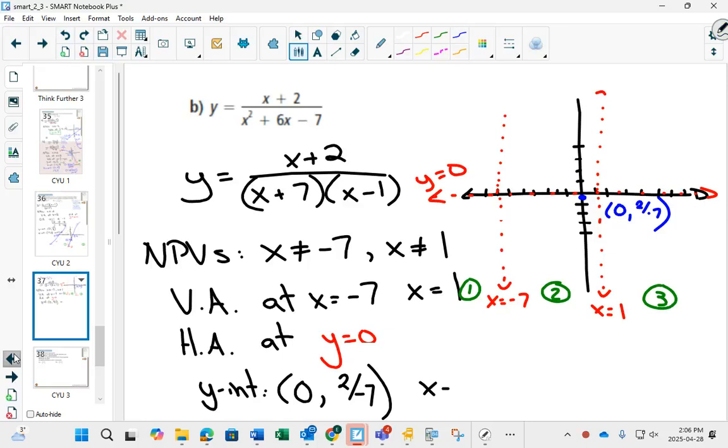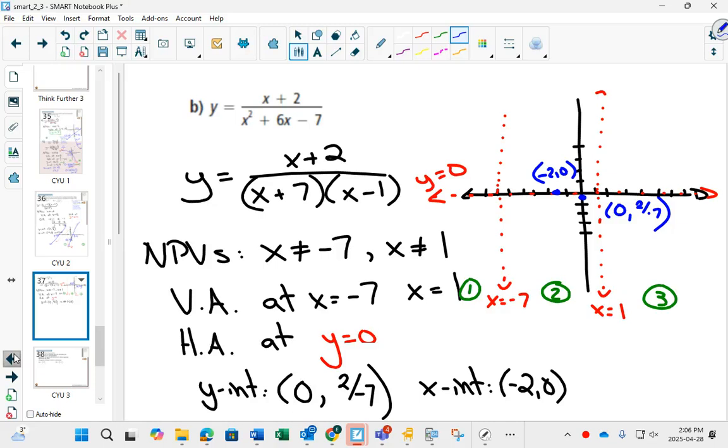We do. Again, this is going to feel a little weird. We have an asymptote at y equals 0, but if you plug in 0 for y, can your numerator ever equal 0? Yes. It can equal 0 at -2. So we have an x-intercept at -2.